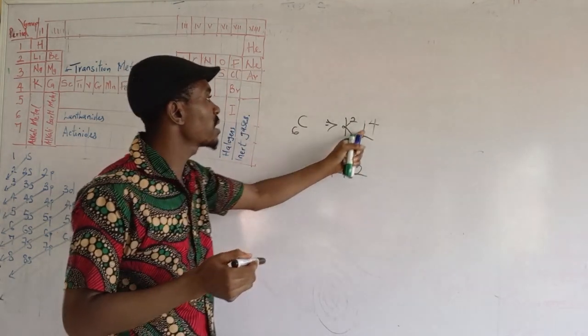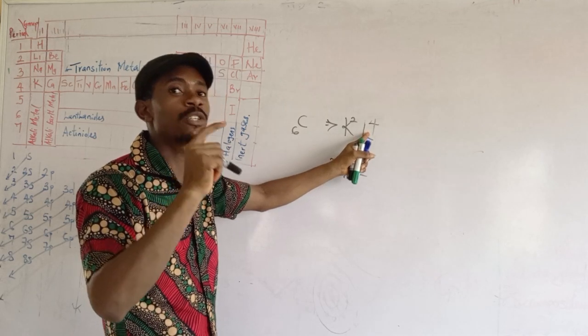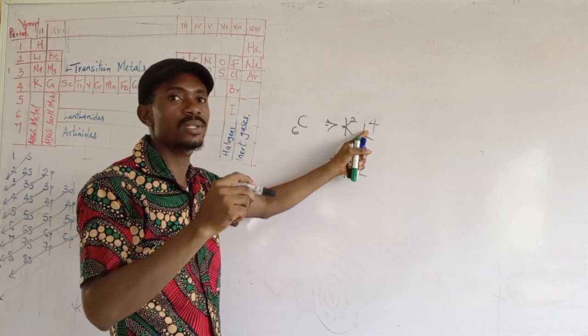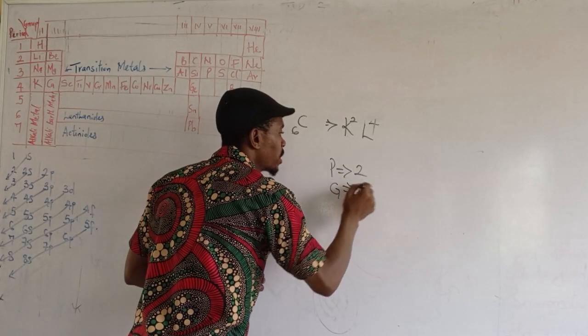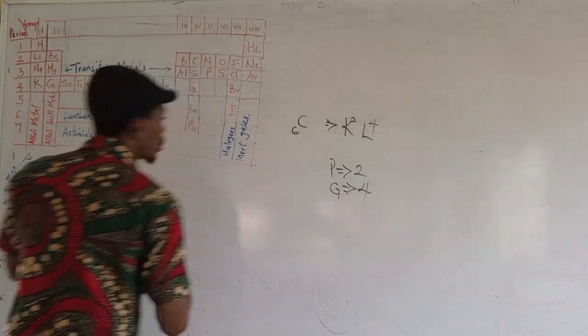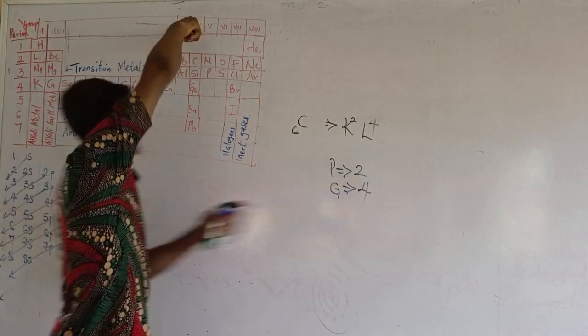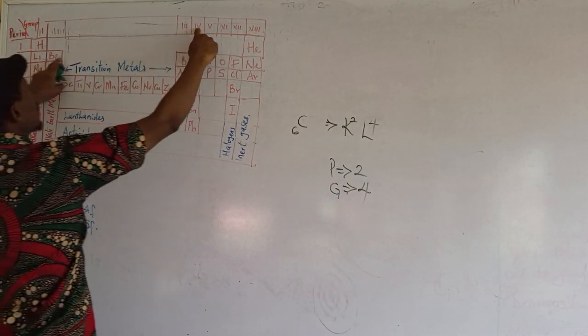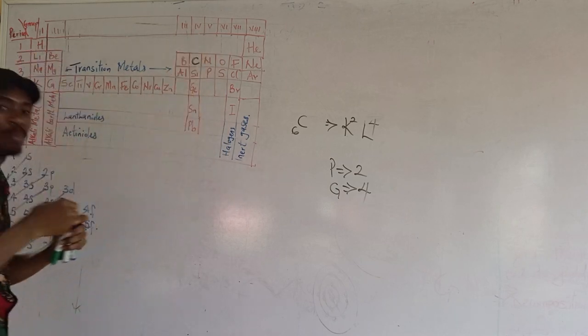So though carbon has 6 electrons, there are only 4 valence electrons. So carbon is tetravalent. It therefore means that the group carbon should belong to is 4. So let's see if it works. Group 4, so this is group 4, then period 2, this is period 2. So when you trace it down, you see that carbon is where it's supposed to be.